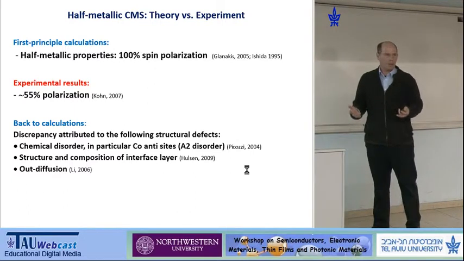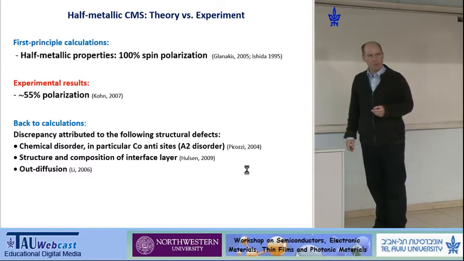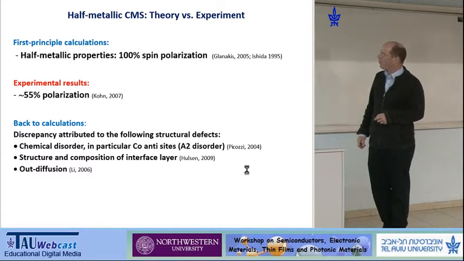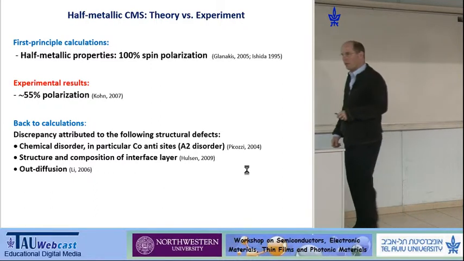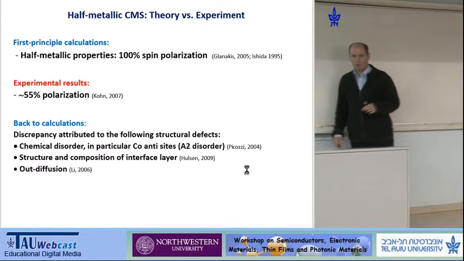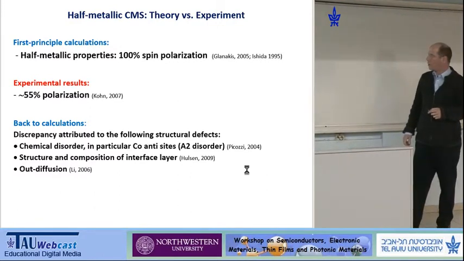So it's back to the theory people, to try and explain. There are all sorts of explanations that have come up for this phenomenon. The obvious one has to do with chemical disorder, especially the A2 disorder, the cobalt antisites. The structure and composition of the interface layer has turned out to be very important. It turns out that it has to be a manganese terminating layer.